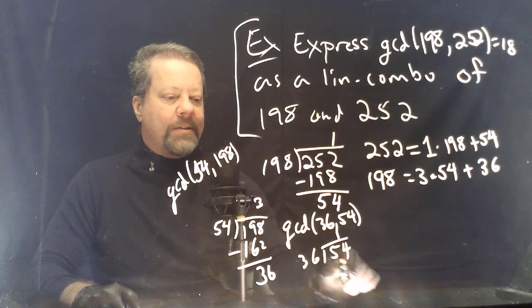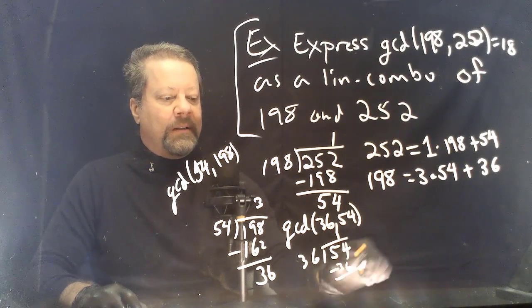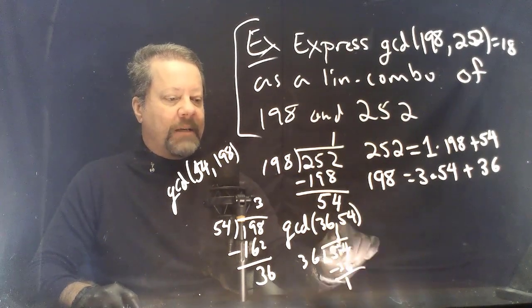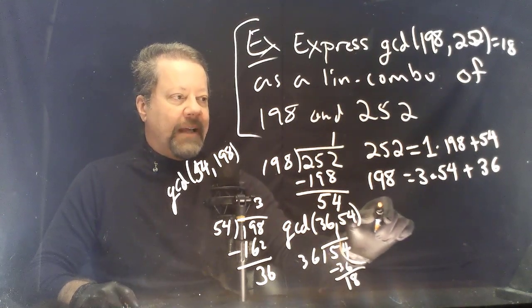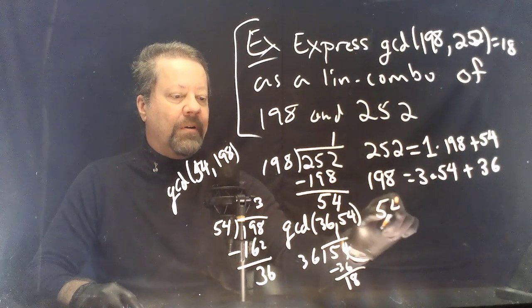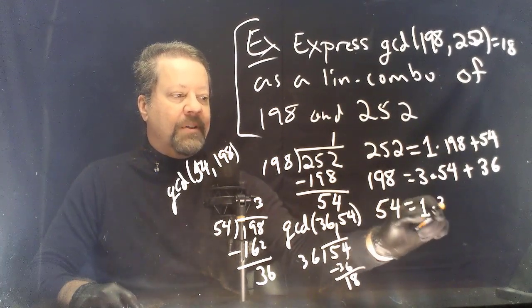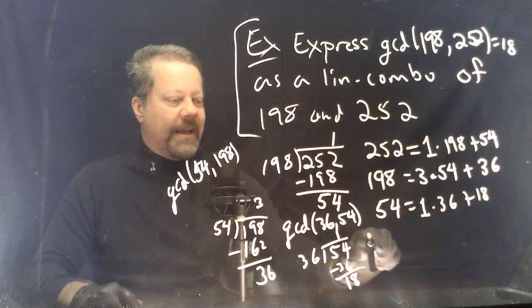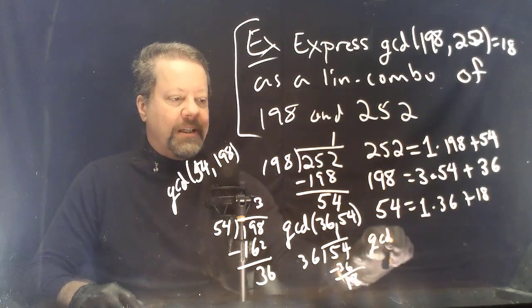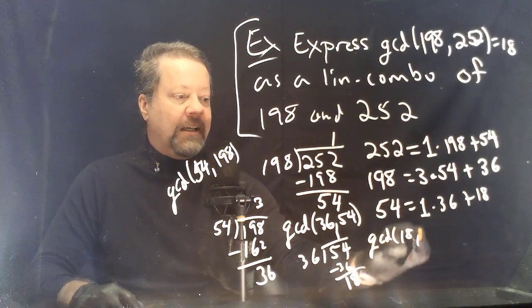So now we're going to look at the GCD of 36 and 54. 36 goes in there once, and we'll have to borrow. We'll end up with 18. So that 54 is 1 times 36 plus 18. The last time we have to do this is the next time. We're looking for the GCD of 18 and 36.